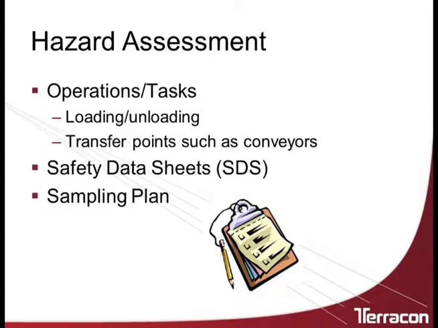Then if you've got access to safety data sheets, you would look at those and pull out the components in the highest percentage, and if they have a specific exposure limit, you can target those particular materials, because typically those are the ones that are going to come off first with respect to an exposure.